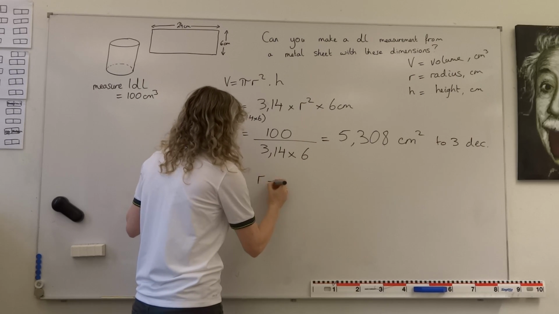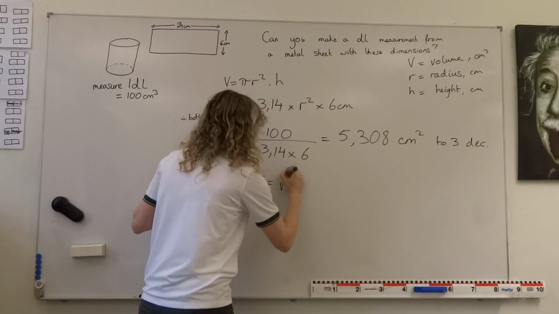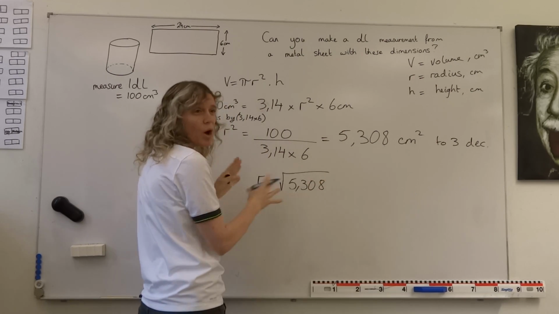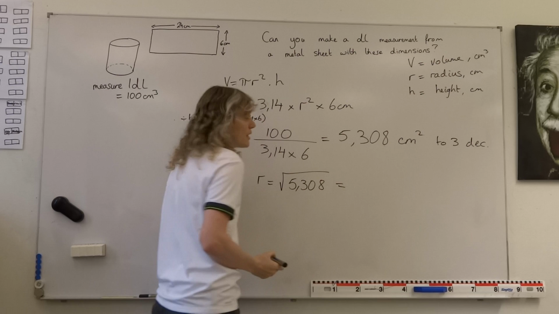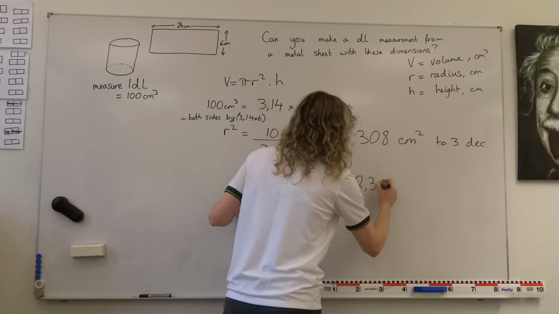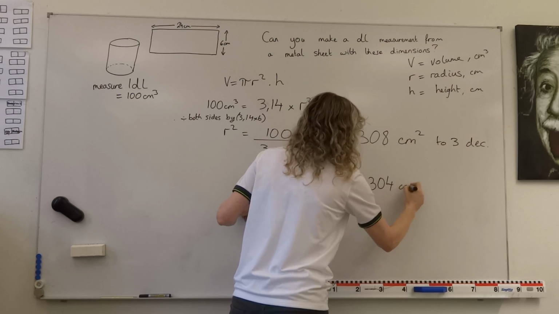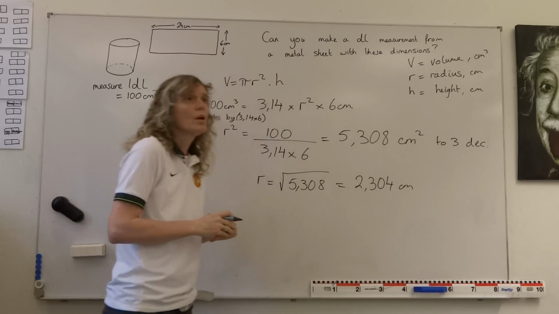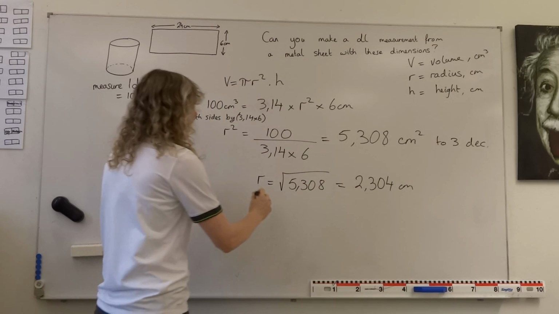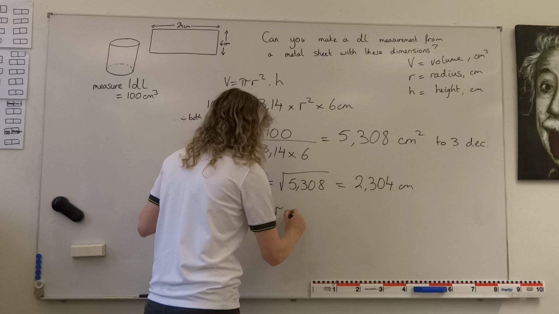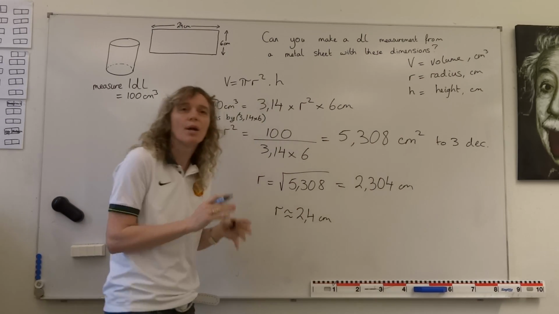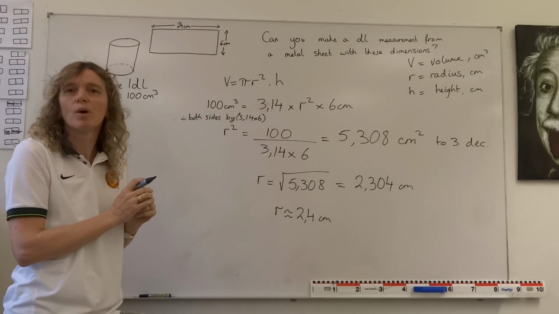So r is going to be the square root of that. 5.308. You can keep the whole number in here. And that's going to equal 2.304 centimeters. Okay, that's going to be exact. What I'd probably do here is say, right, if I keep a radius of 2.4 centimeters, I know it's going to be slightly bigger than 1 deciliter.